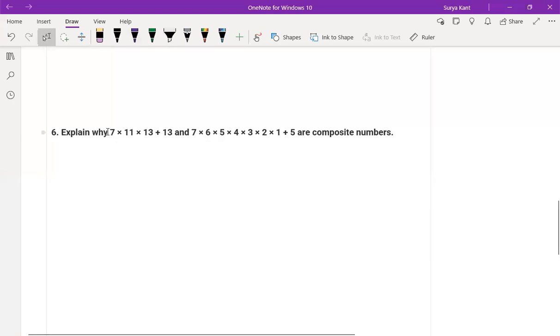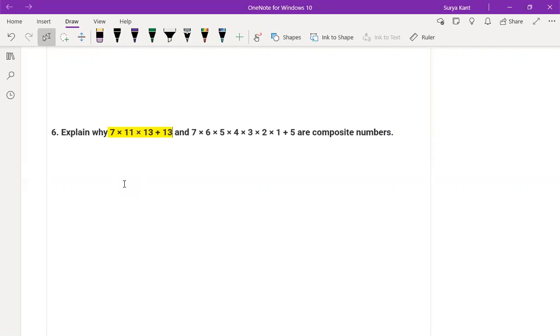So see, in the first case, what do you do, children? You take 13 as common. You can write 13 as common here, and in the bracket you can write 7 into 11 plus 1. So 13 into 78 in the bracket.